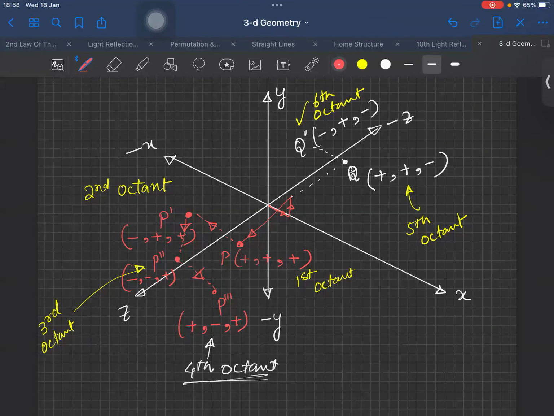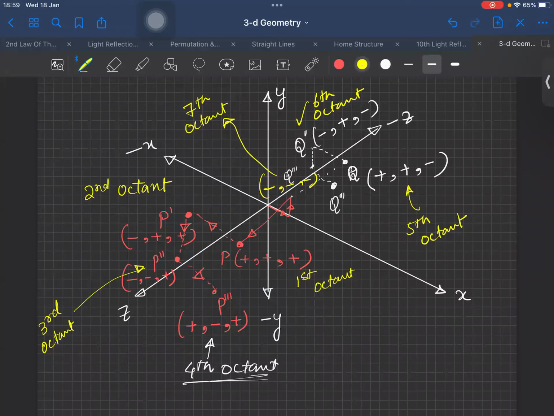Now for the seventh octant, you just travel in the downward direction. Let's say Q triple dash. So this will be your negative, negative, negative. All three are negative in the seventh octant. And in the eighth octant, we'll just travel this side. Here, let's say here. So this is your Q triple dash.